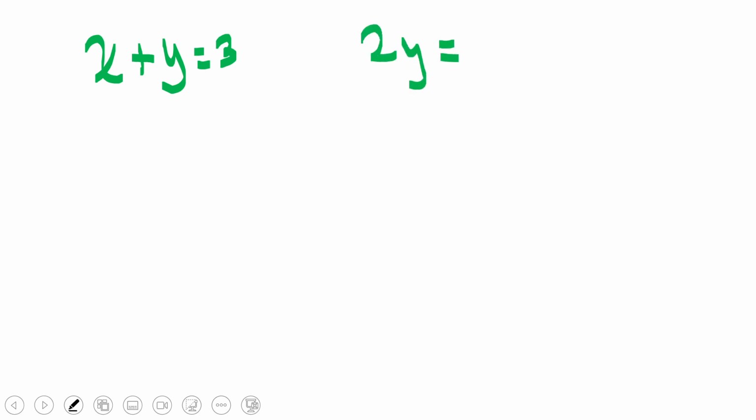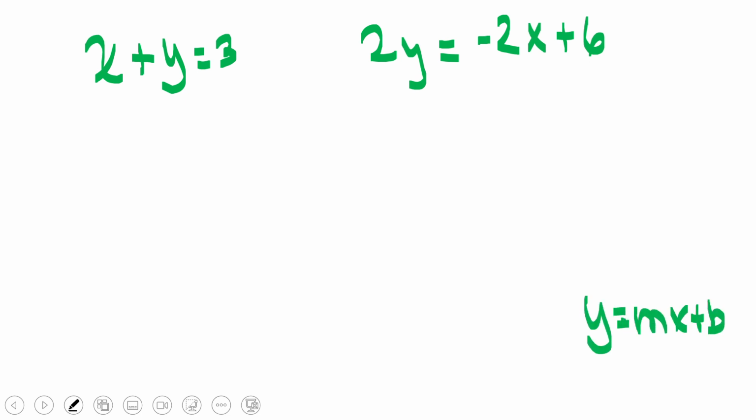All right, if you solve the system by graphing and you are given something like x plus y equals 3 and 2y equals negative 2x plus 6, you want y equals mx plus b, slope-intercept form.